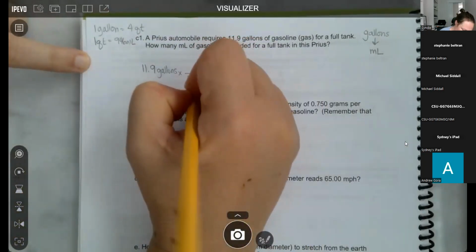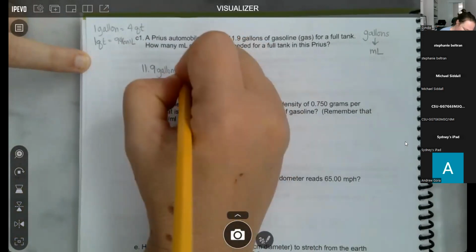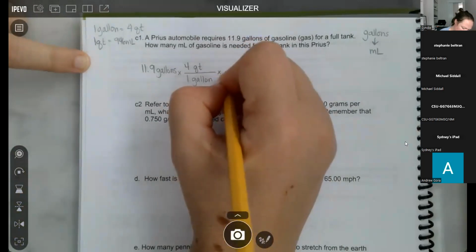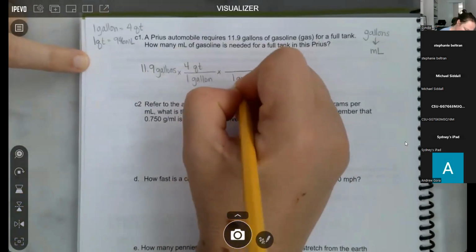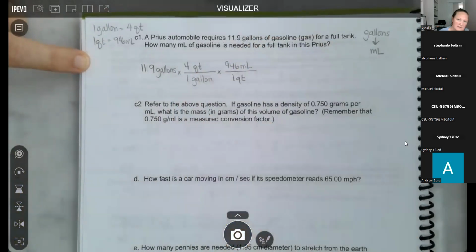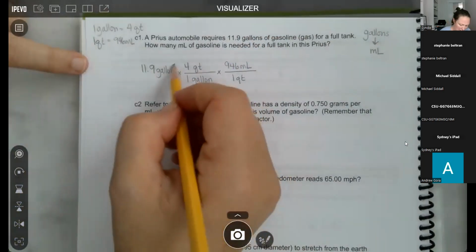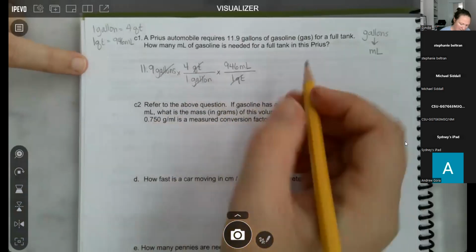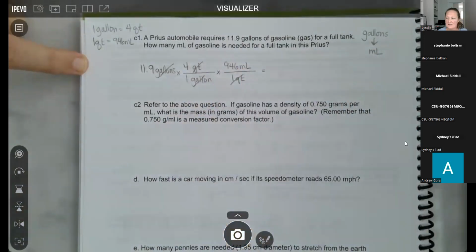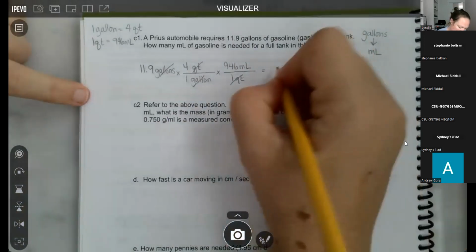So in 1 gallon, we have 4 quarts, and then in 1 quart, there's 946 milliliters. So we will make sure our units cancel so that we're left with our answer in milliliters at the end.